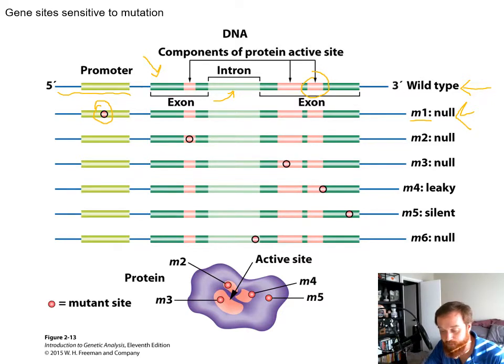In our second example, the M2 allele, we have a mutation in one of these protein active sites, the binding sites that we had just talked about.